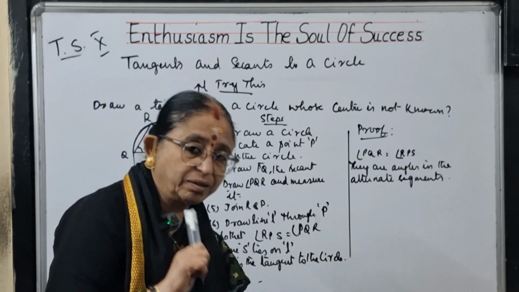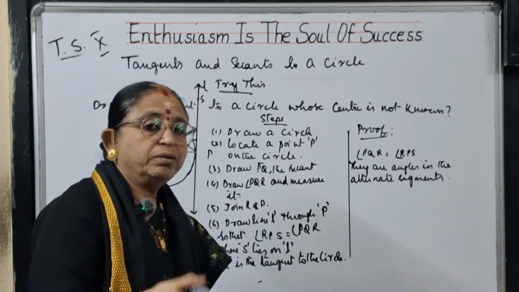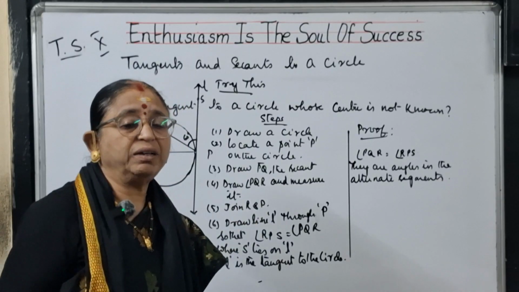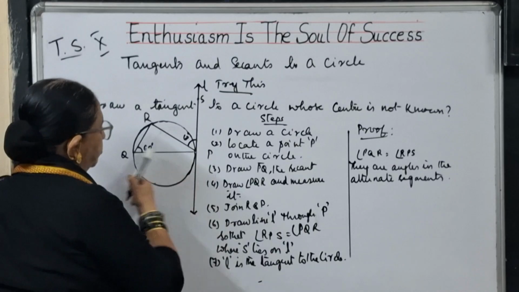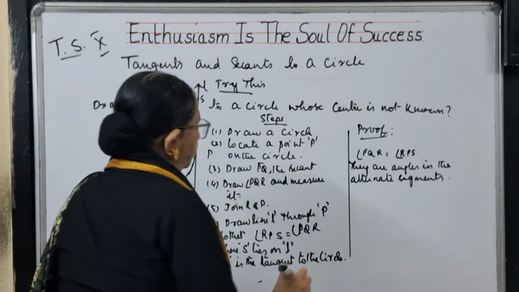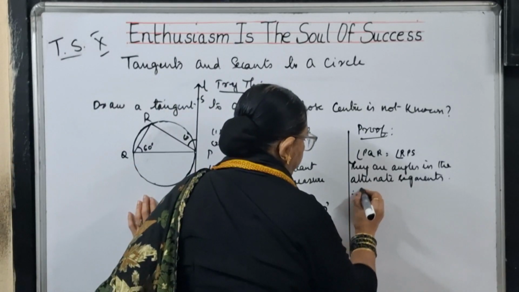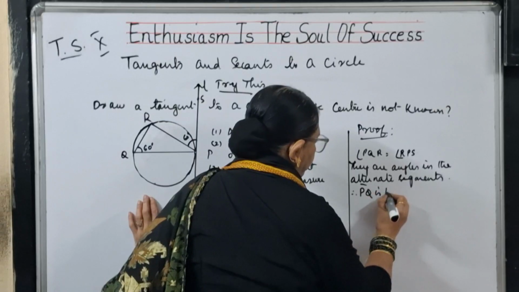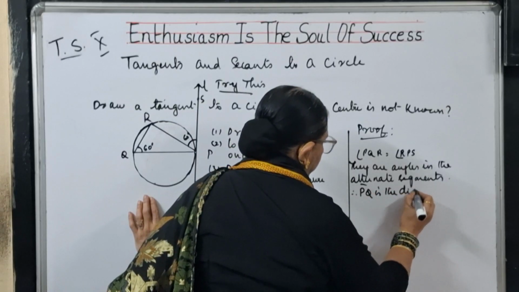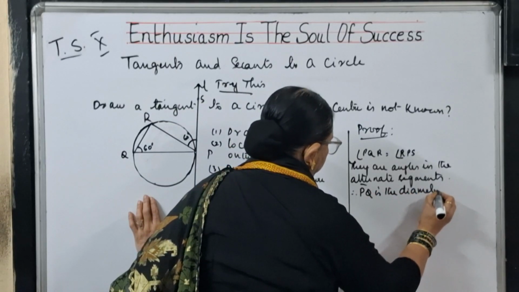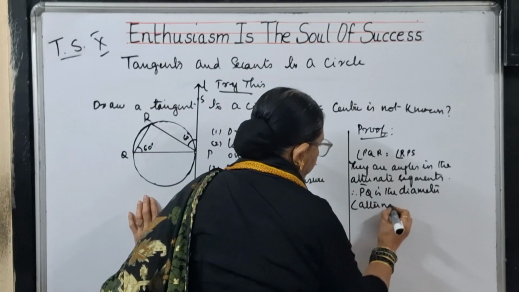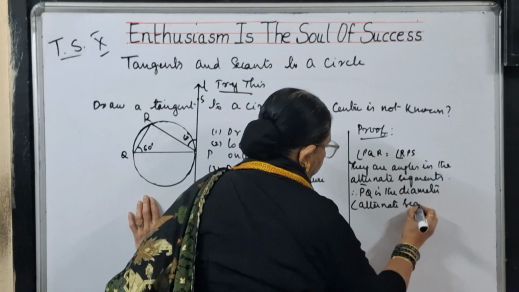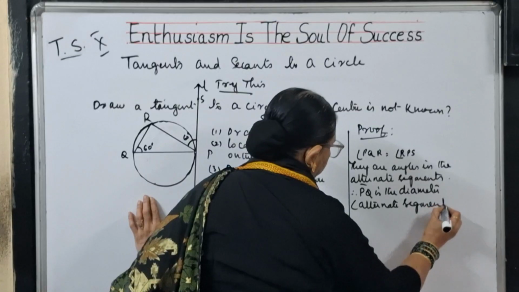According to the alternate segment theorem, if angles in the alternate segments are equal, then definitely this will be the diameter. We will be saying that therefore PQ is the diameter basing on alternate segment theorem.